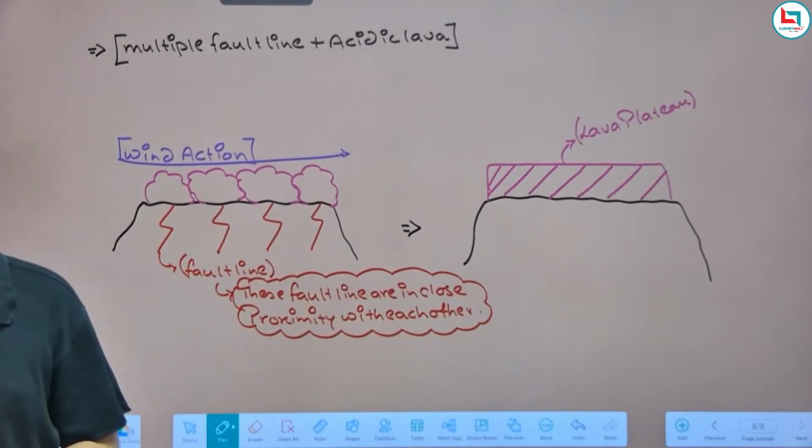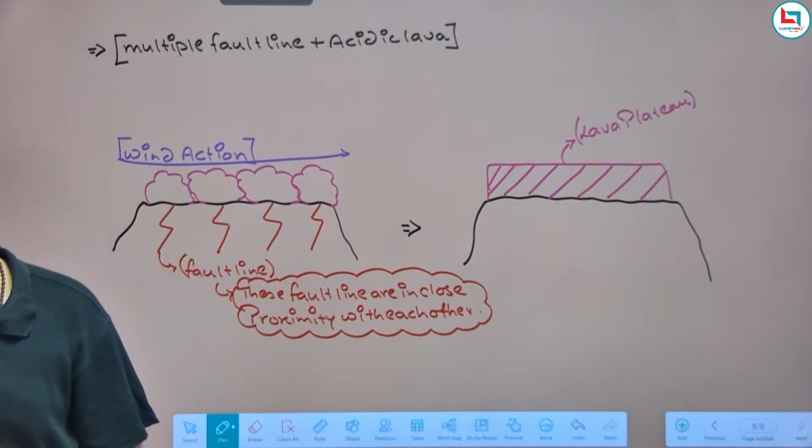So write down, it is a series of incomplete volcanic mountains which have been flattened by the abrasive force.